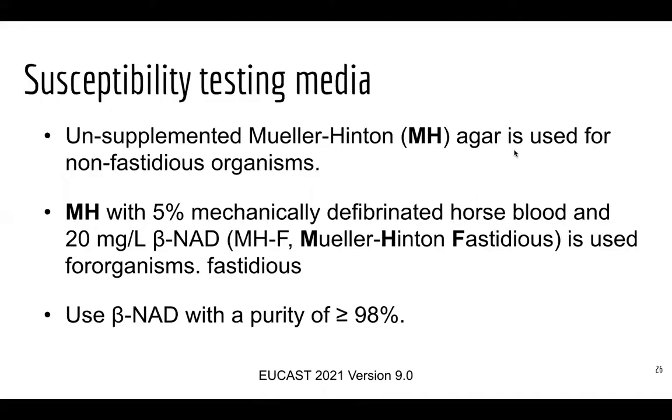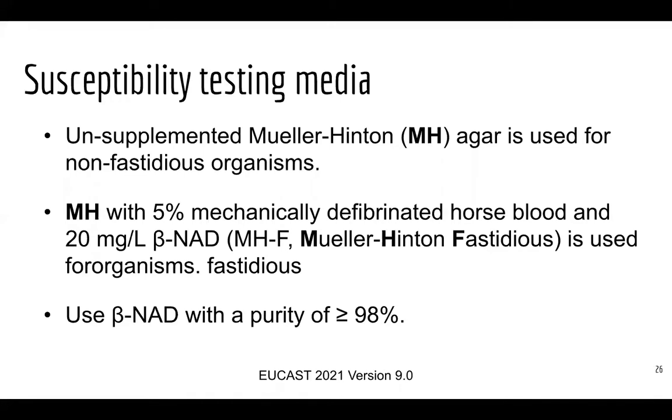So for testing the susceptibility of your samples, you can use unsupplemented Mueller-Hinton broth or agar for the non-fastidious, or you can even use LB. As I talked about before, normally you would be using Mueller-Hinton, but you can use your own broth as long as you've got a control there, and you've tested it a few times to ensure that media is capable of supporting the organism to a high enough density.